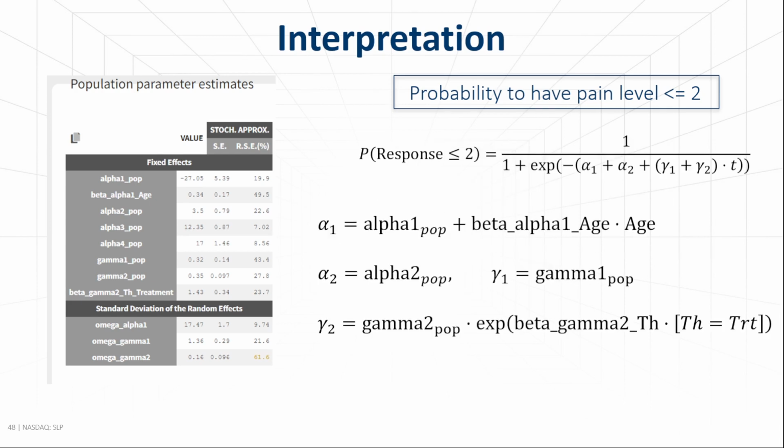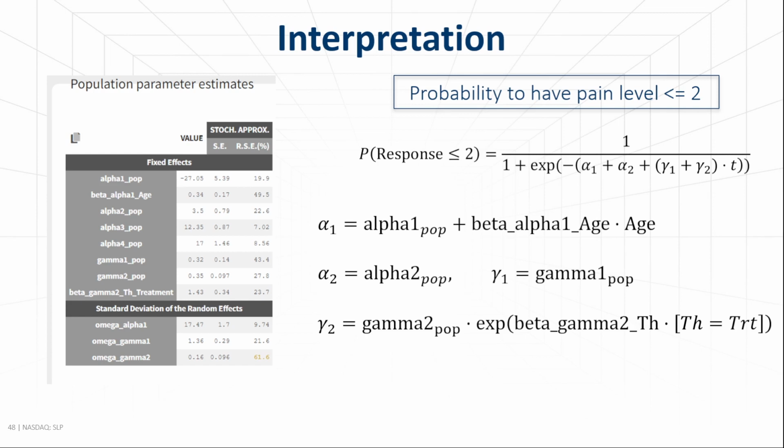The individual parameters in this formula are the following. Alpha 1 equals the population value plus the effect of age. Alpha 2 and gamma 1 have no covariate effect, so they are equal to population parameters. And gamma 2 includes the effect of treatment. For simplicity, I take a typical individual, so there are no random effects.